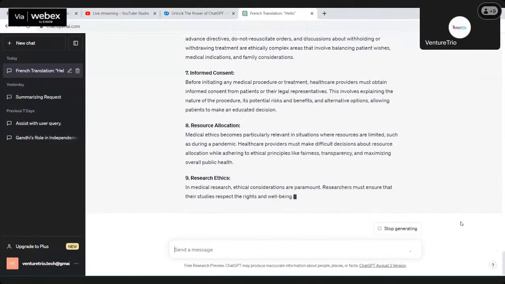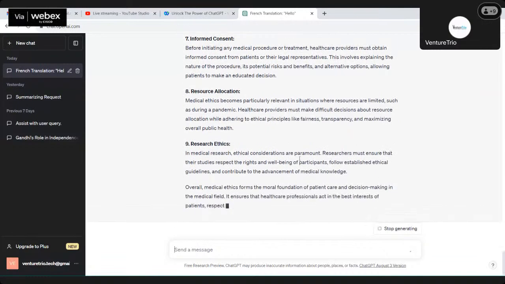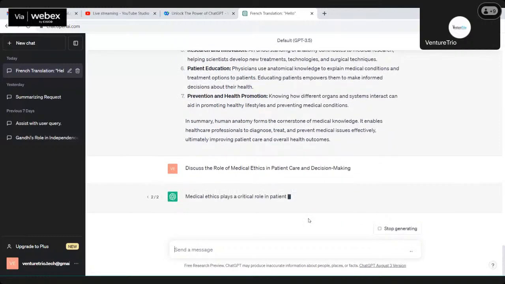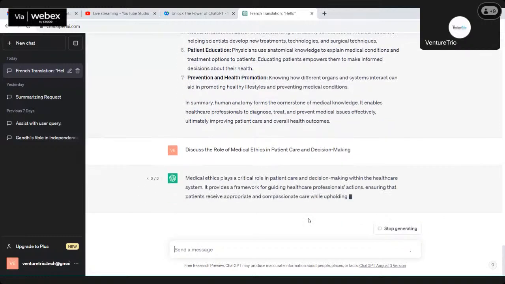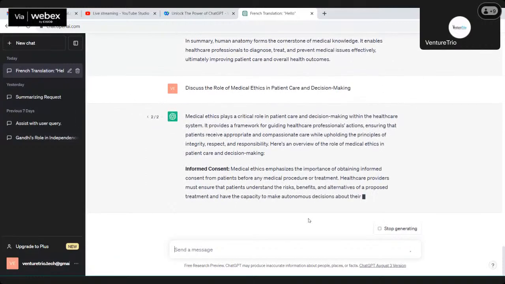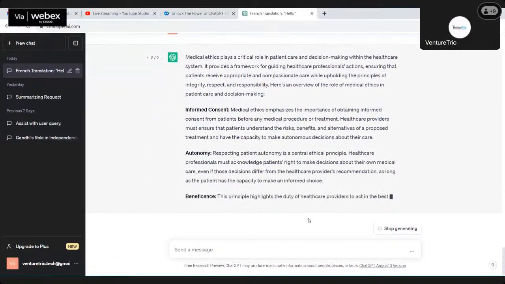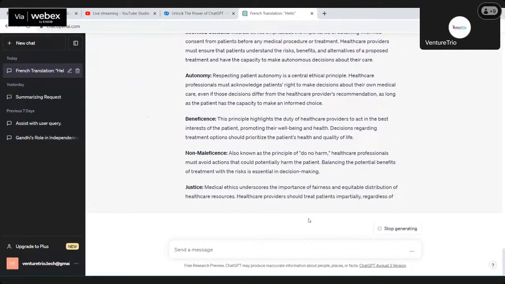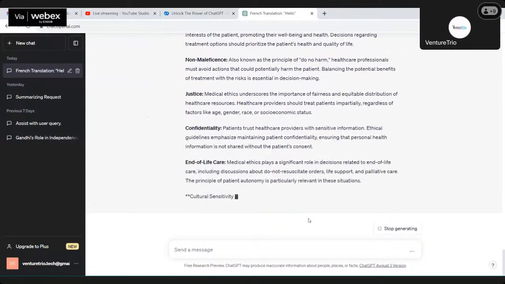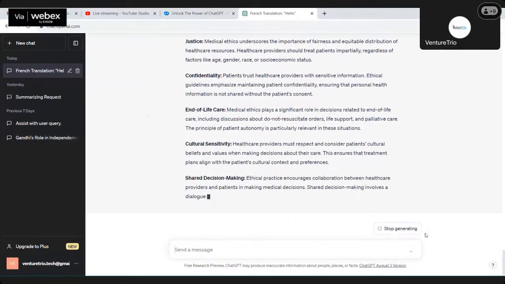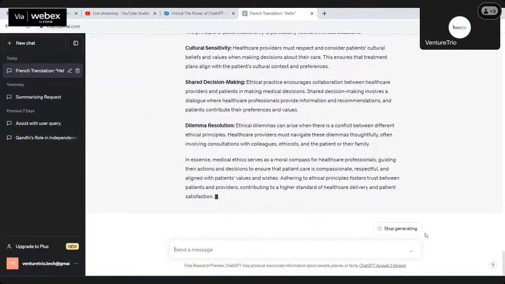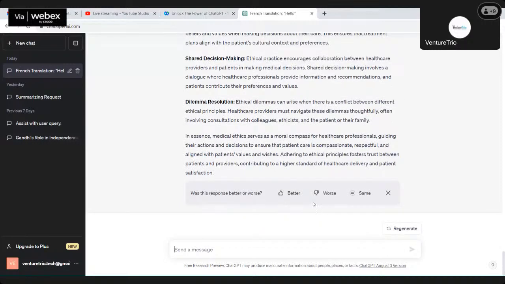As I said earlier, if you're not satisfied with that information, you can regenerate from here. Just click on regenerate. It will paraphrase or find some other information also. You can regenerate the information for the same prompt as many times as you need.